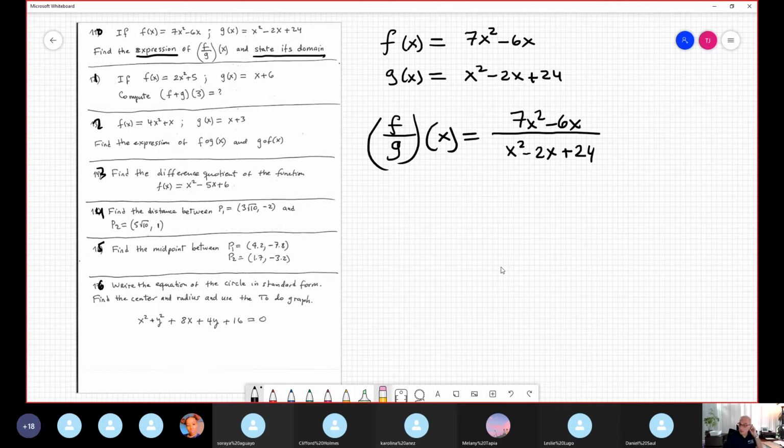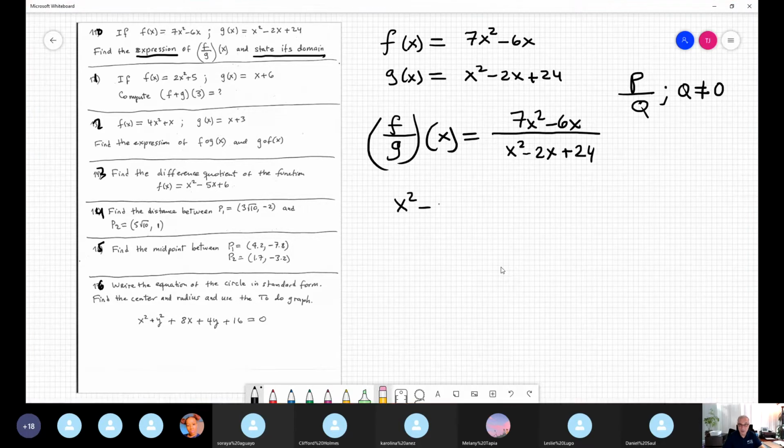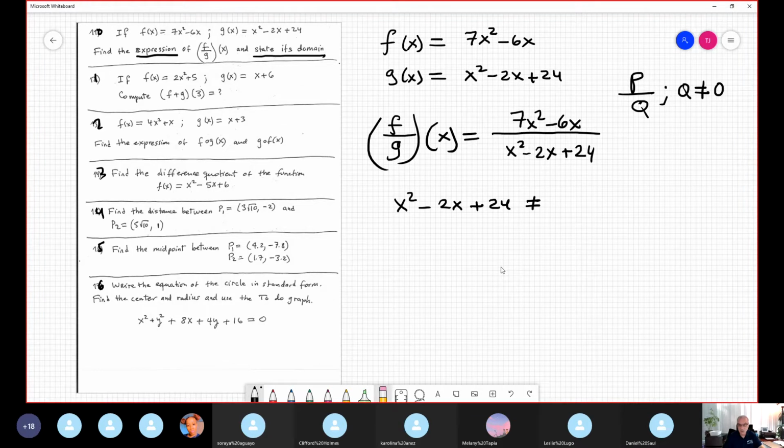So I remember the idea of the restriction. When you have a fraction like that, the expression in the bottom is not zero. It's illegal to be zero. So in order to investigate the domain, I take the expression in the denominator and enforce it to be not zero. The solution of this inequality gives me the domain.